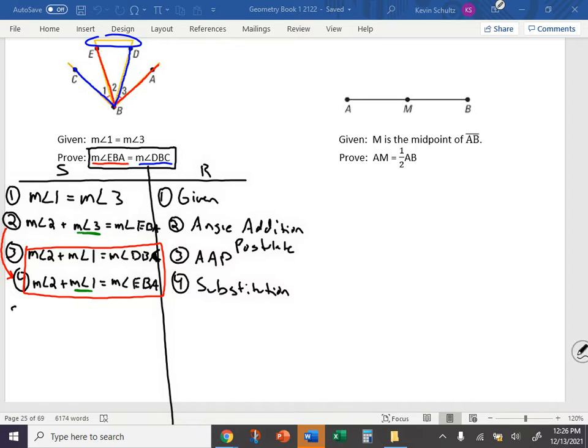The transitive property, exactly. I've got EBA and DBC both equal to the same thing. And if two different things are equal to the same thing, they've got to be equal to each other.